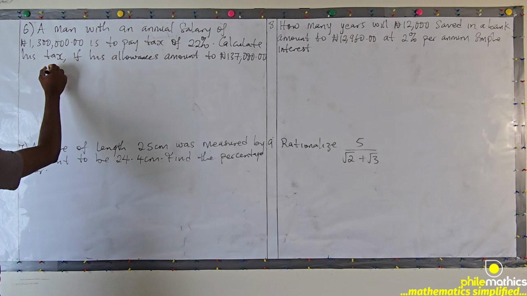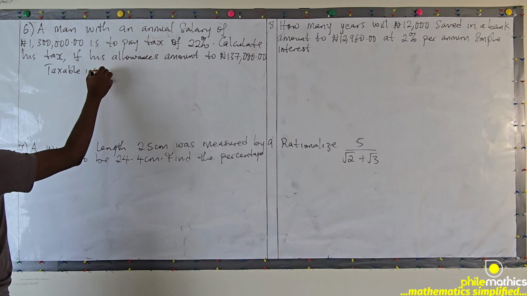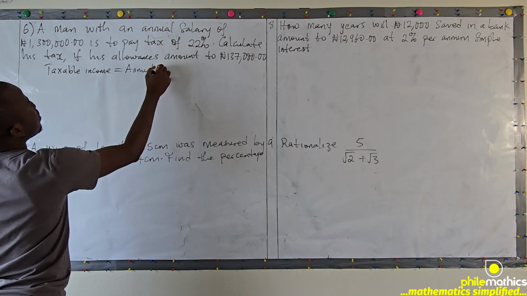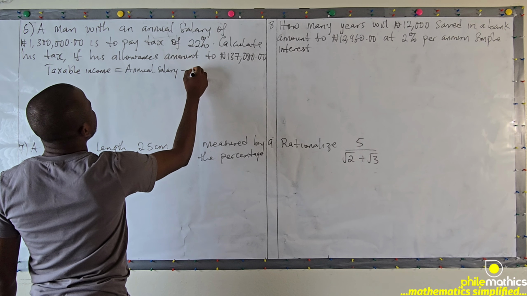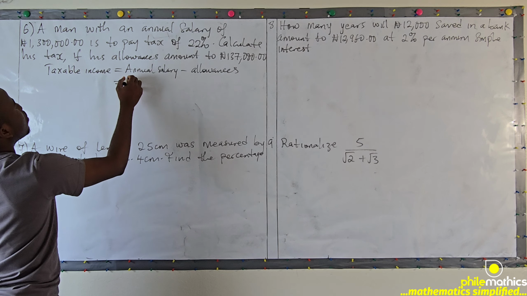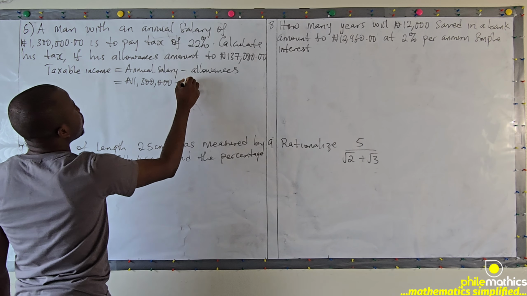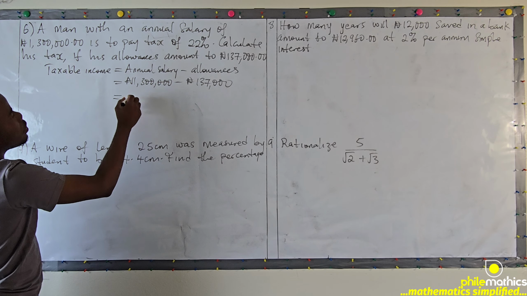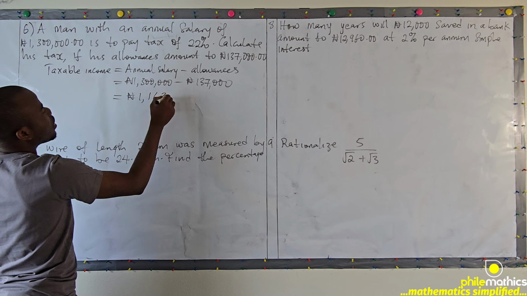So his taxable income is simply his annual salary minus his allowances, which is 1.3 million minus 137,000. If we subtract this, we'll get 1,163,000.